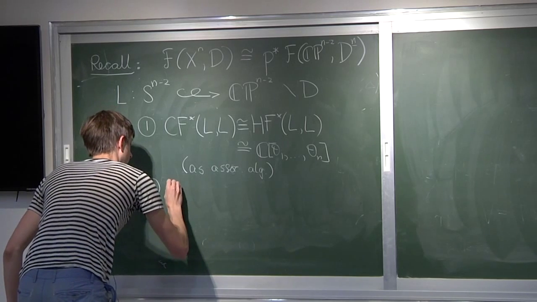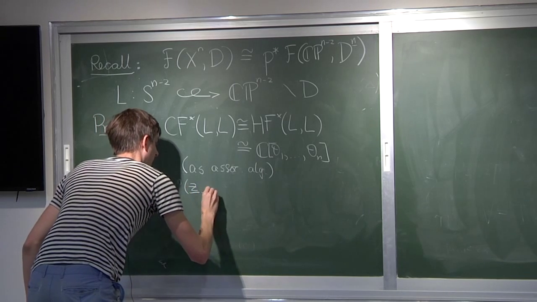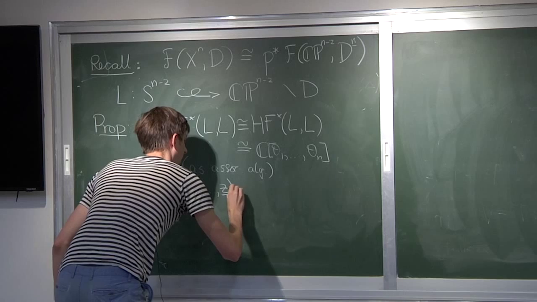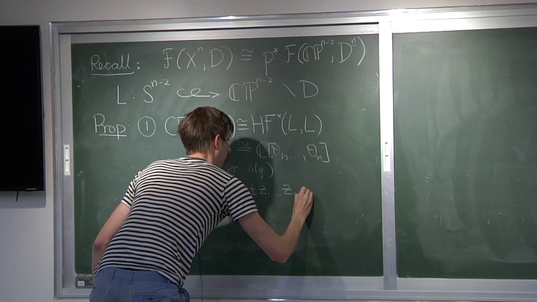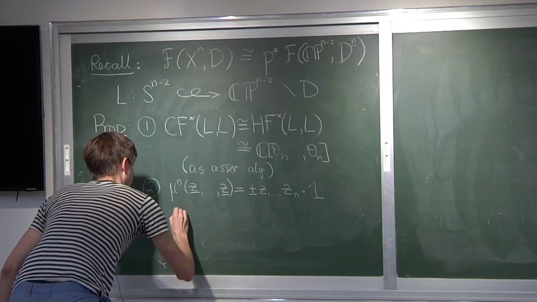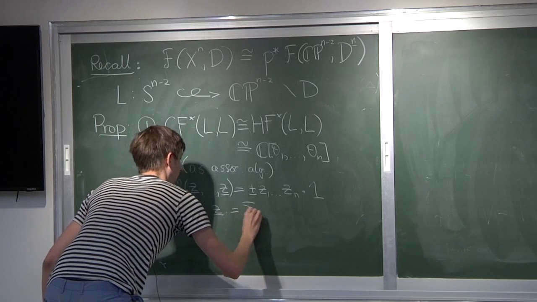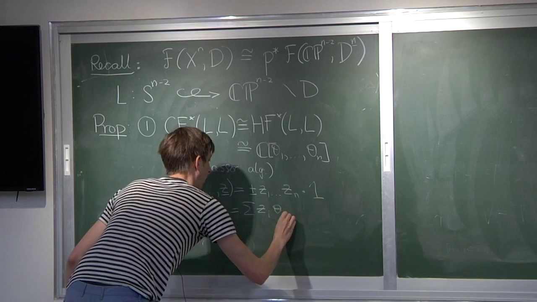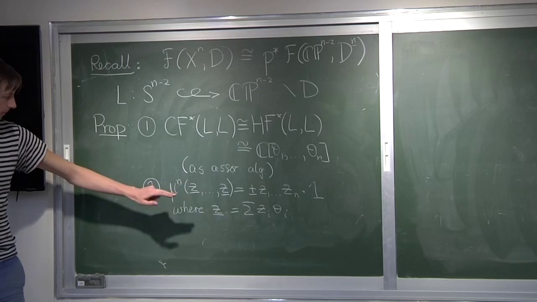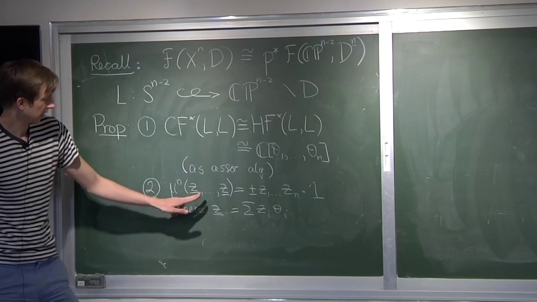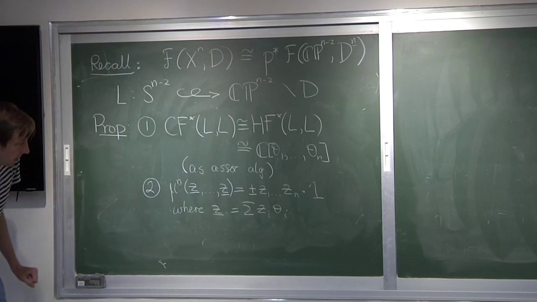The second thing was a certain higher A infinity product where we take in n inputs, and it tells us a certain thing about what the output can look like.